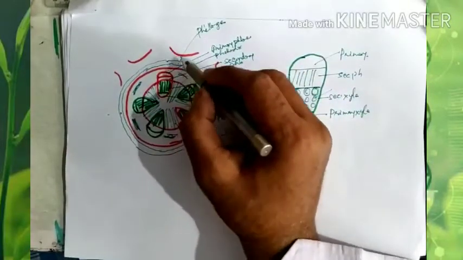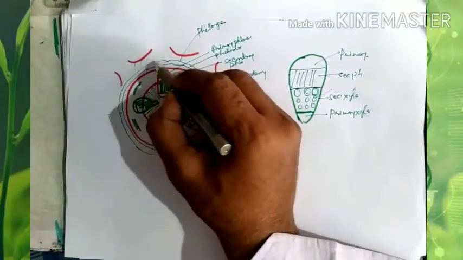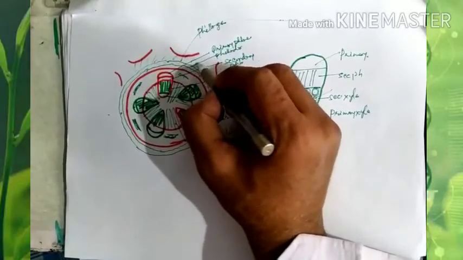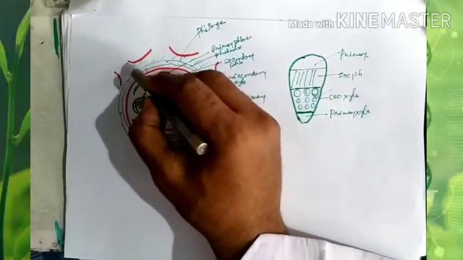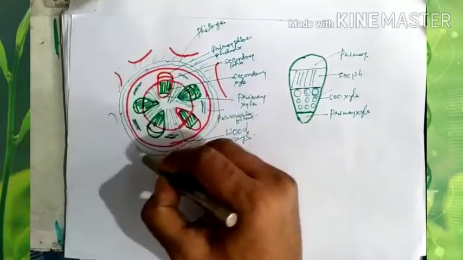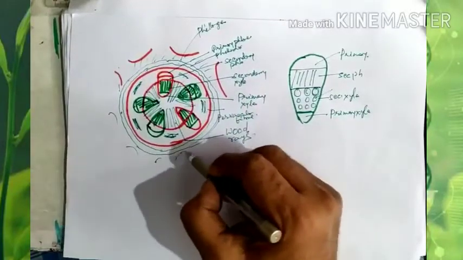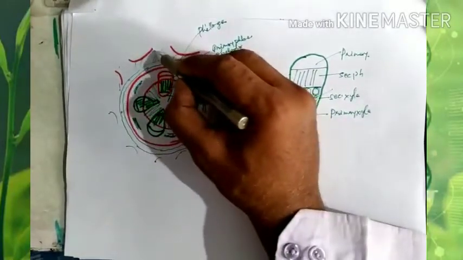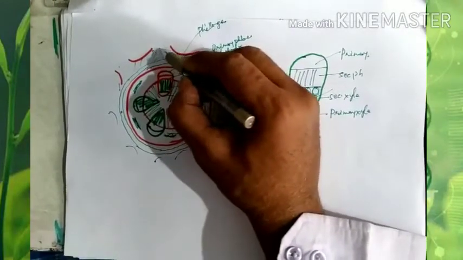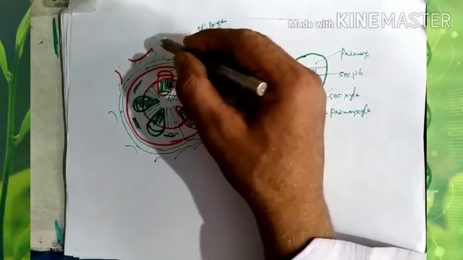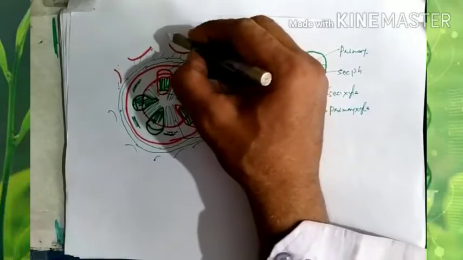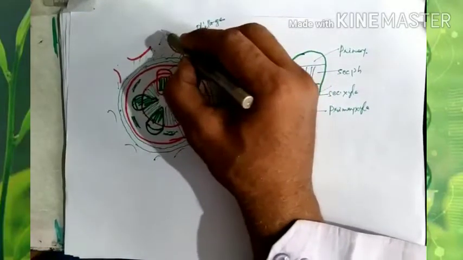This is the phloem, this is the cork, and at some points parenchymatous cells are formed, in direct contact with the atmosphere.